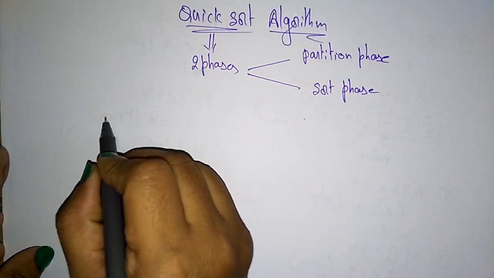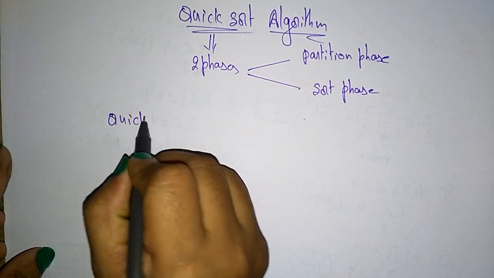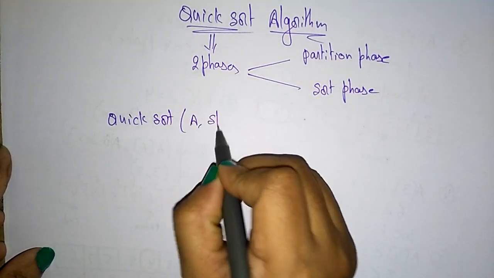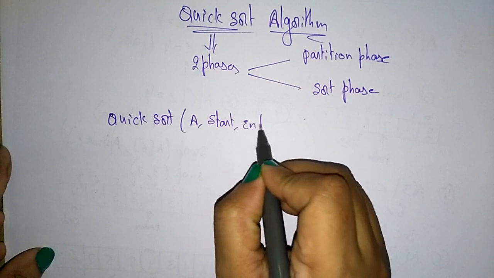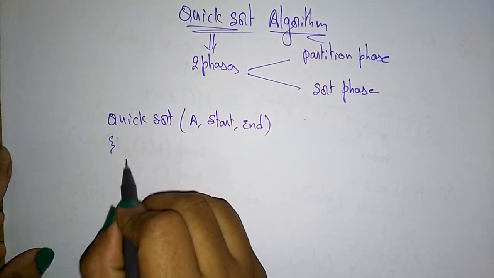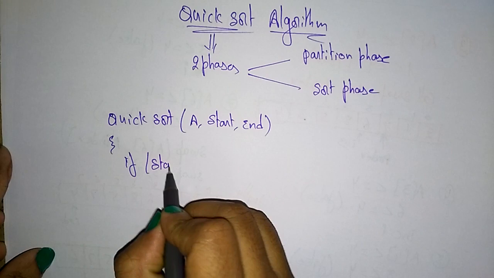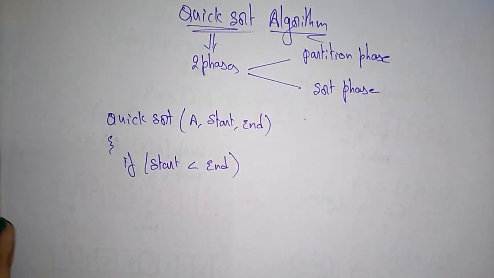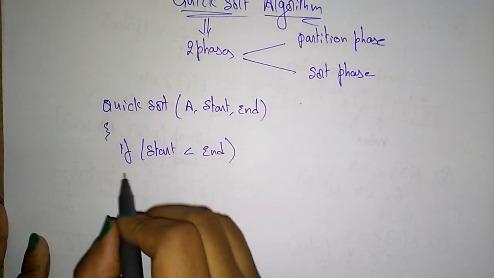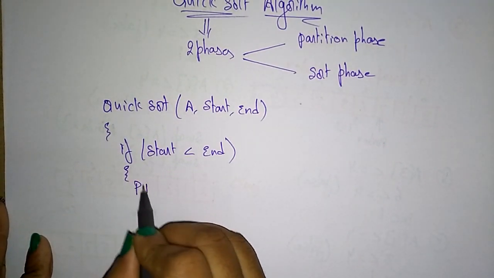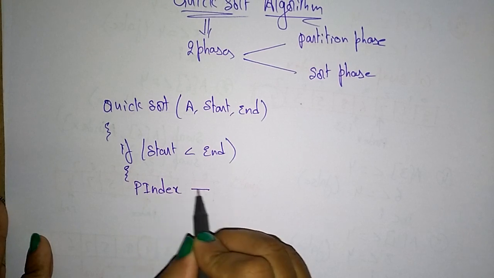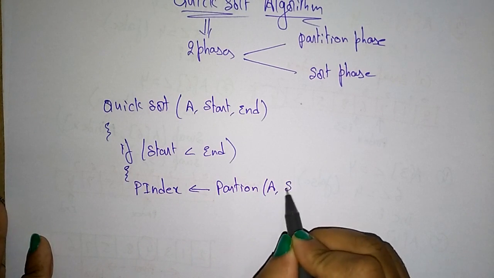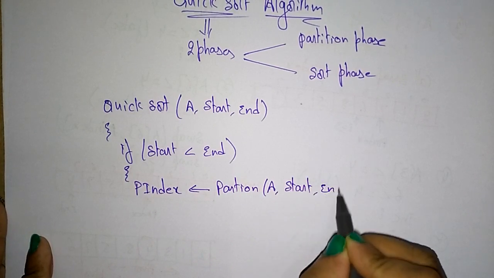The algorithm for this is quicksort. A is an array, start element and the end element. So if start is less than end, suppose the start is less than end, then we have to do p index is partition A comma start comma end.